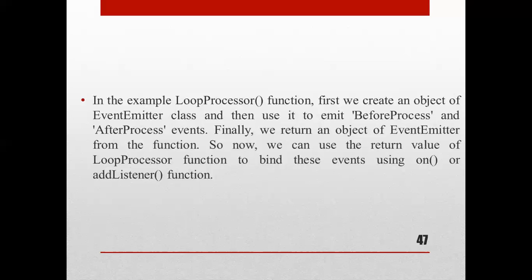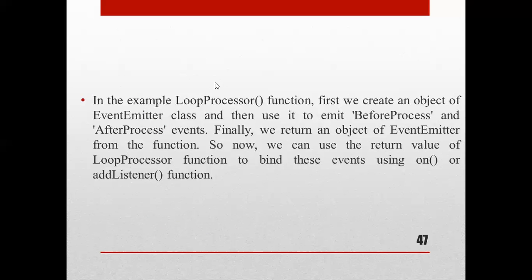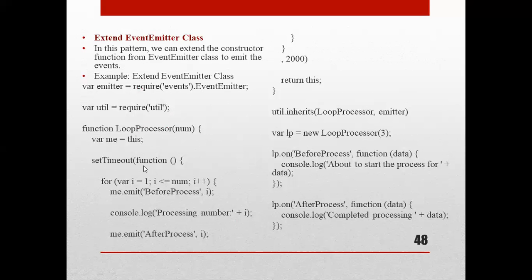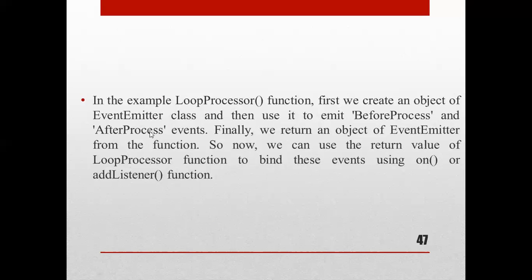Here we have seen that the loop processor function creates an object of the event emitter class, then uses it to emit before process and after process. We have used the object for the before process and after process events, and finally it returns an object of event emitter from the function.